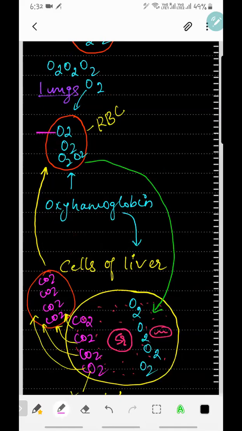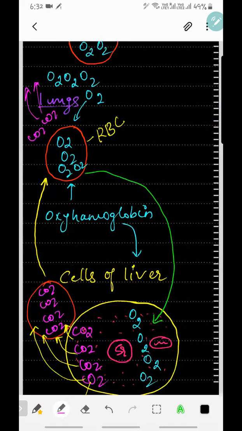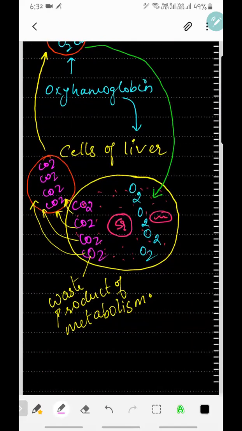So CO2 will be liberated outside the lungs. So this is what happens in the transportation.